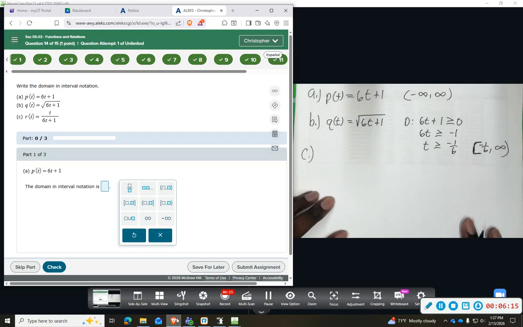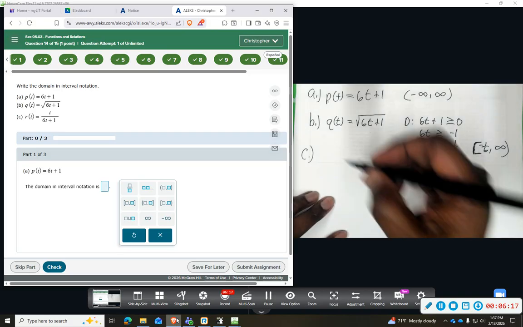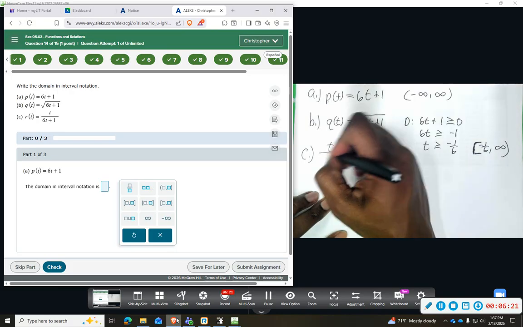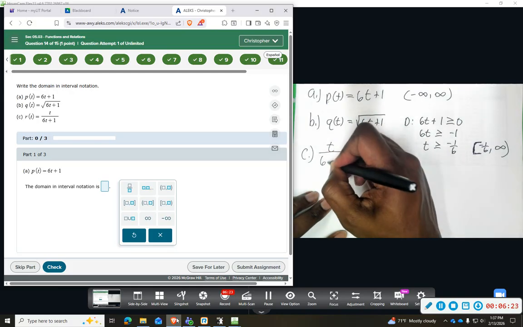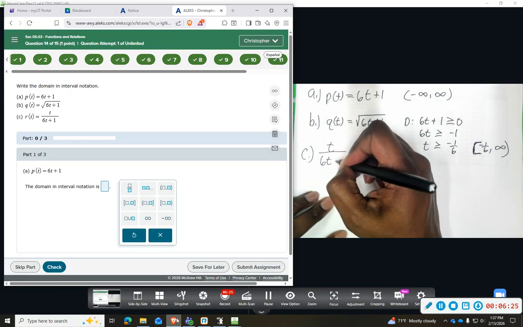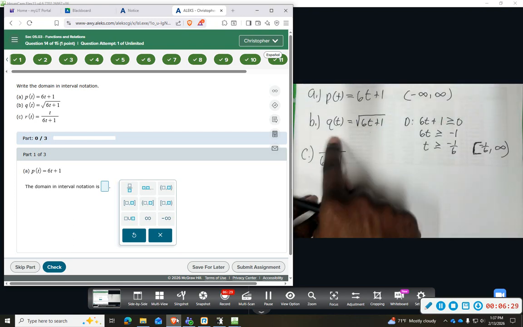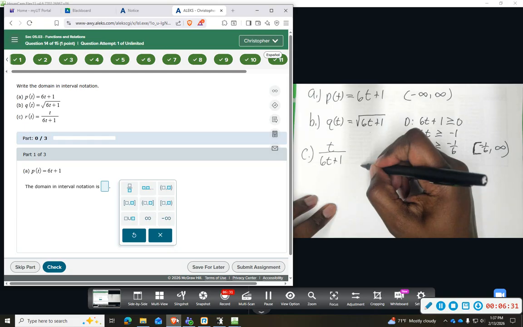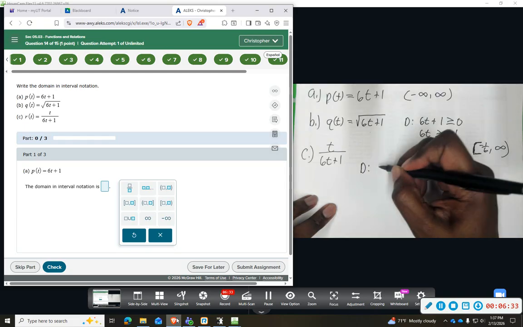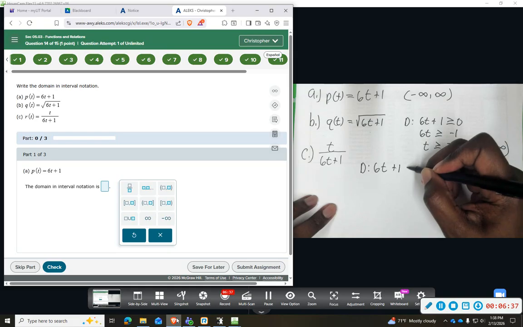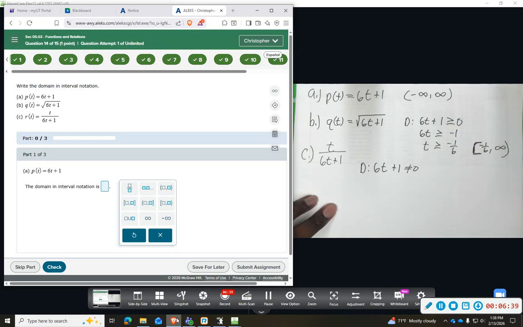All right, C, we do have a rational expression, so I'm just going to write the function down, t divided by 6t plus 1. So this time, whatever makes the bottom 0, when you have a rational expression, we set it equal to 0. Domain: 6t plus 1 cannot be equal to 0, cannot divide by 0. Same process we just did over here. Subtract 1, divide by 6.